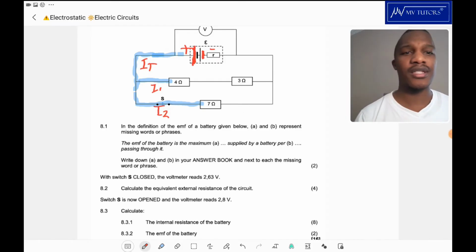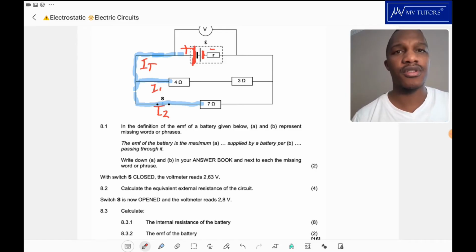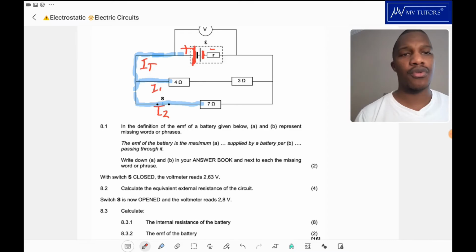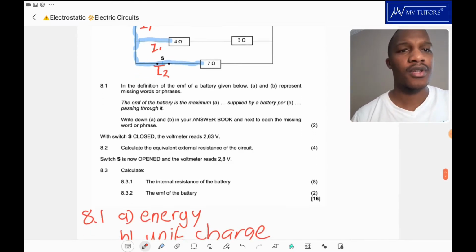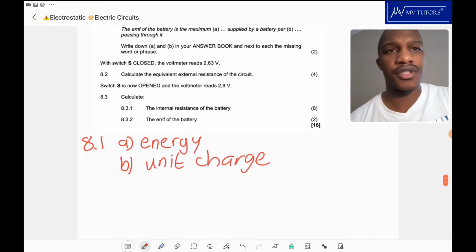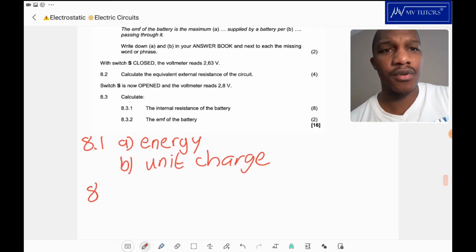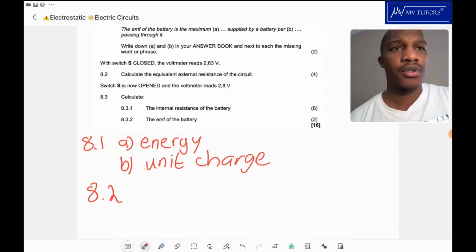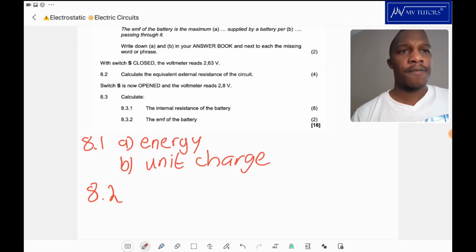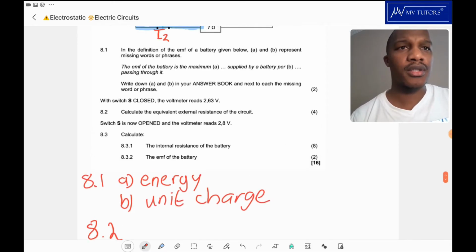Now that means that if we are to calculate the external resistance, external meaning the total resistance, we need to consider both of these resistors. So let's go ahead real quick. 8.2, external.